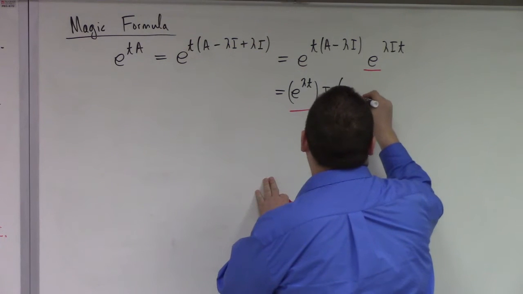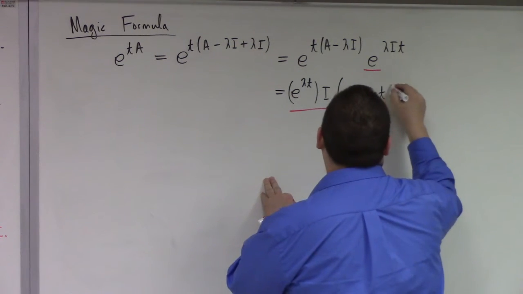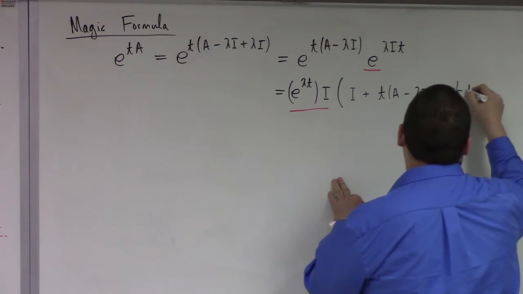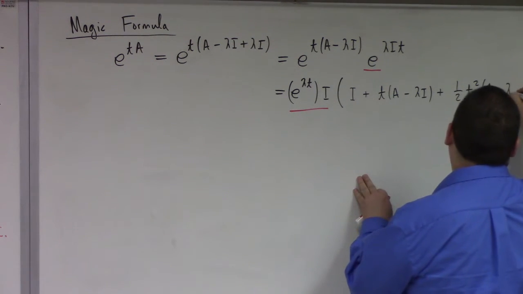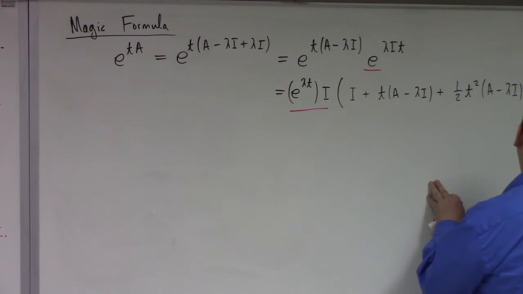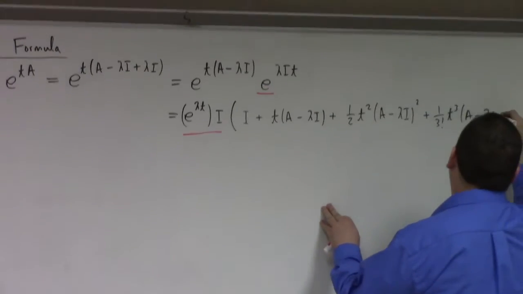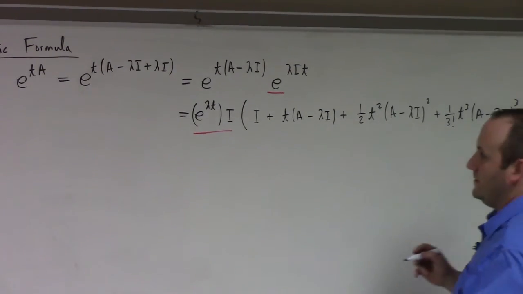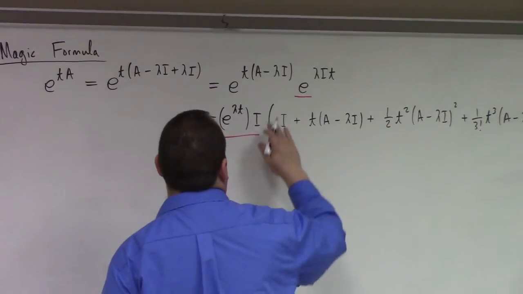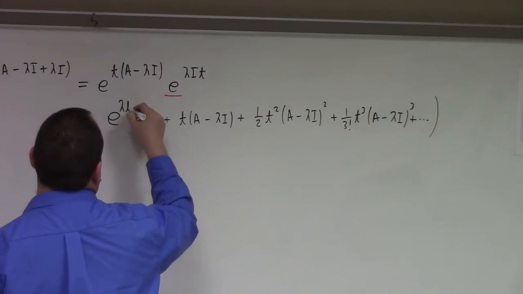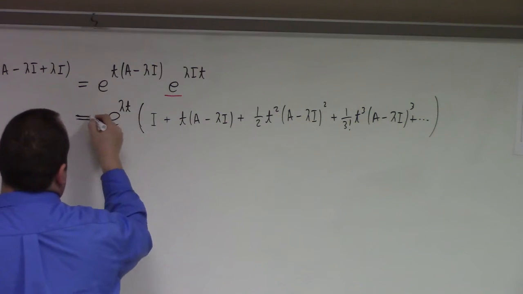That is the identity plus t times (a minus lambda I) plus 1/2 t squared (a minus lambda I) squared plus 1/3 factorial t cubed (a minus lambda I) cubed plus dot dot dot. So let me erase the I here because it's obnoxious. Here's my proper magic formula, e to the lambda t. So there it is.